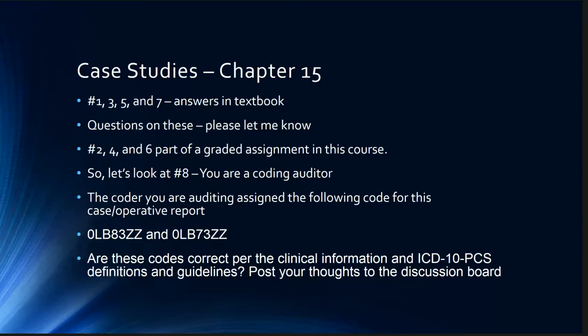They may say these codes are incorrect and they want to give some reason for it: your root operation is incorrect, your anatomical character values are incorrect, something. You're not going to just say these codes are not correct. You're going to give some more information as to why the codes are not correct. And if you want to provide what you think are the correct codes, you can do so.